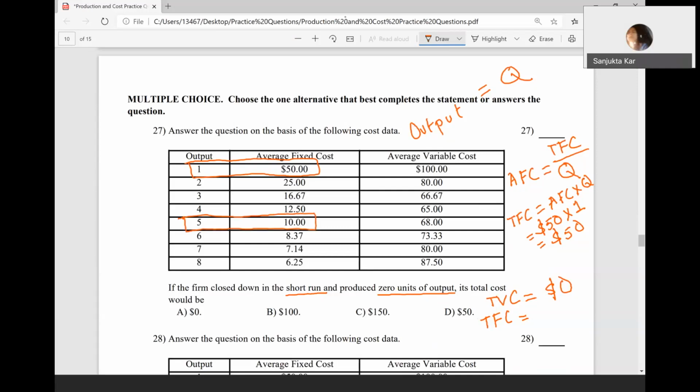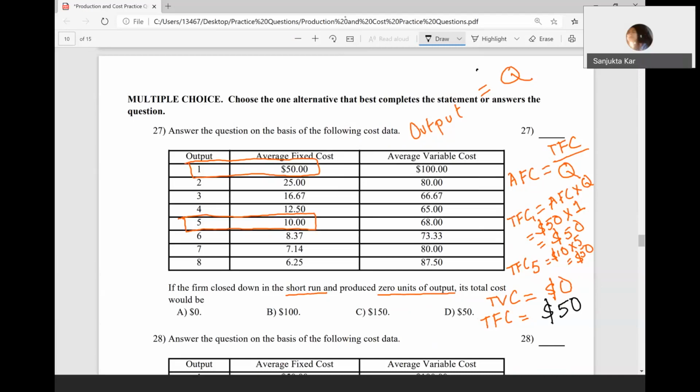Now, if I want to find out the total fixed cost for the 5th unit of output, this one will be 10 times 5, which is equal to 50. Right, let me use a different color to find out the answer to this question. Already the total fixed cost is equal to $50 no matter how much output is produced.